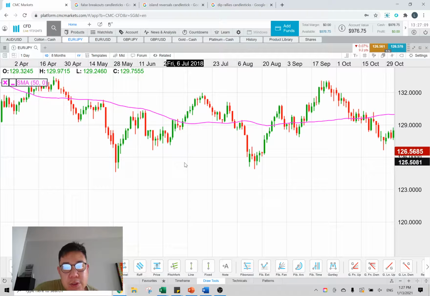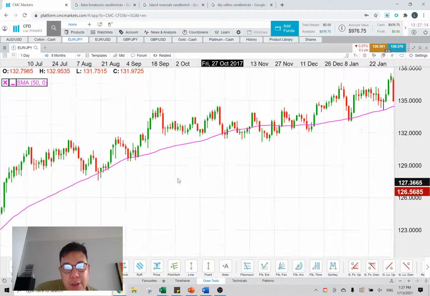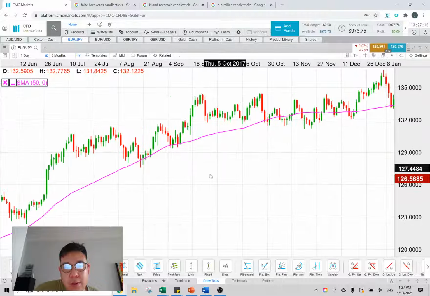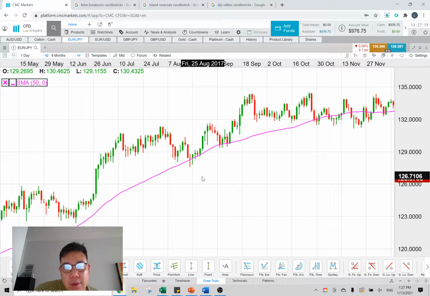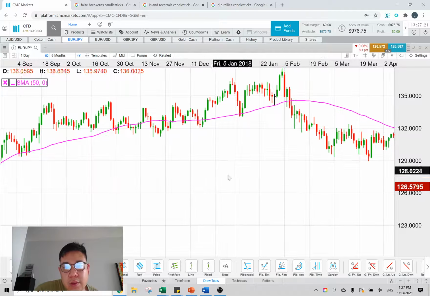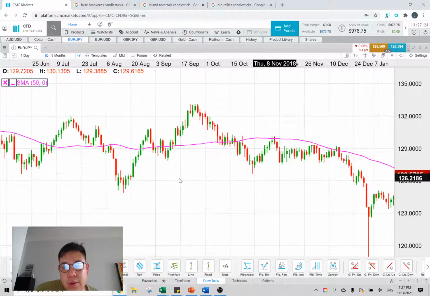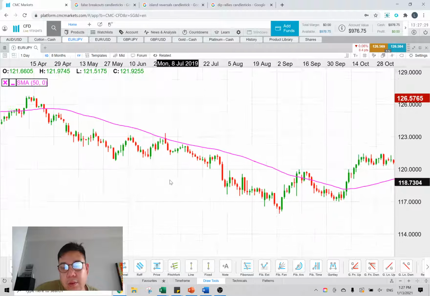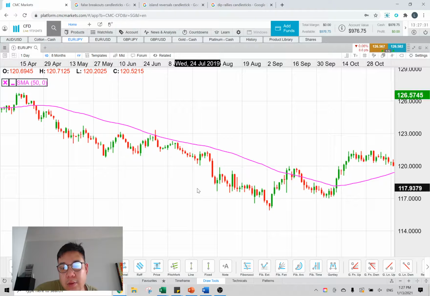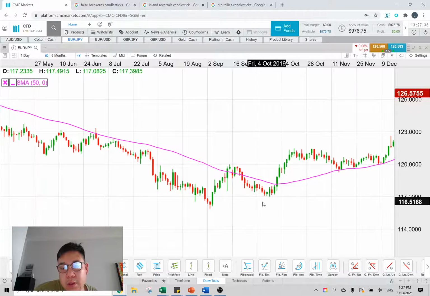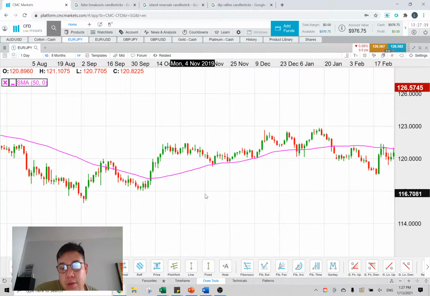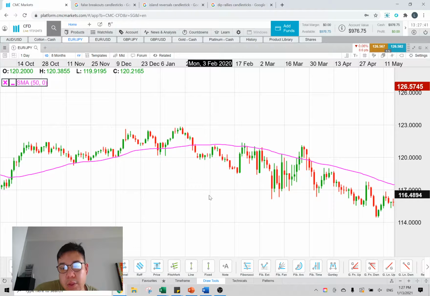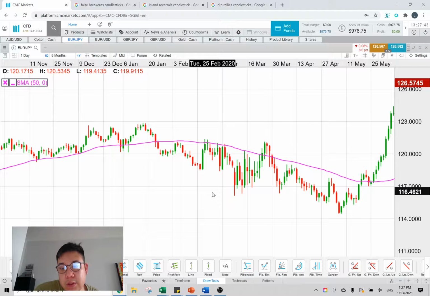Okay, so let's see another good example. I need to find a good trending market. Breakouts. I need to find a resistance line first.